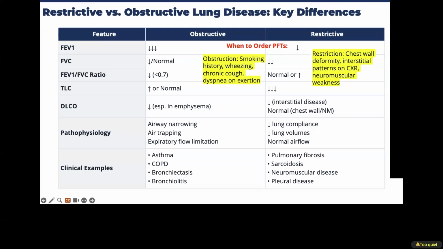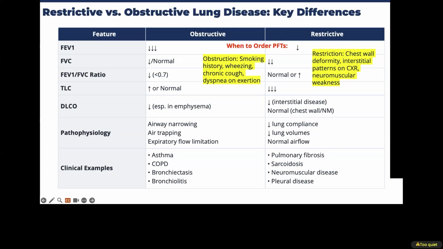Now take a look on the right side of the screen there, the restrictive lung disease. Here, the issue is limited expansion. So the lungs cannot fill normally. Both FEV1 and FVC are reduced proportionally, so the ratio will stay normal or even slightly increase.